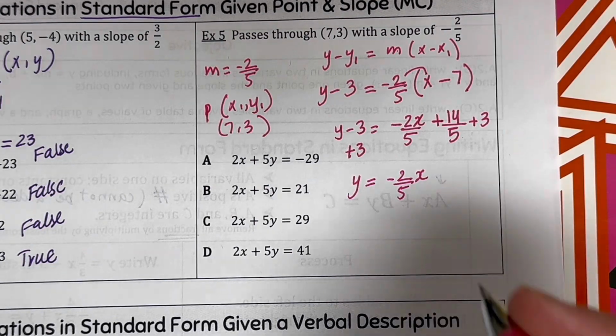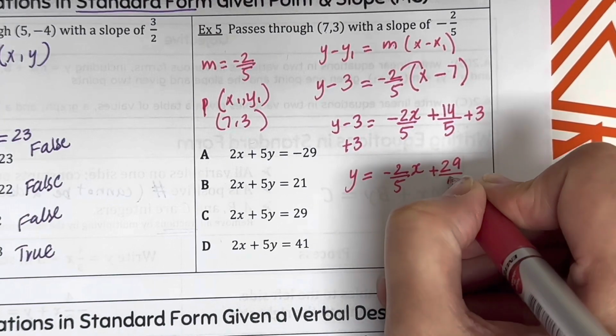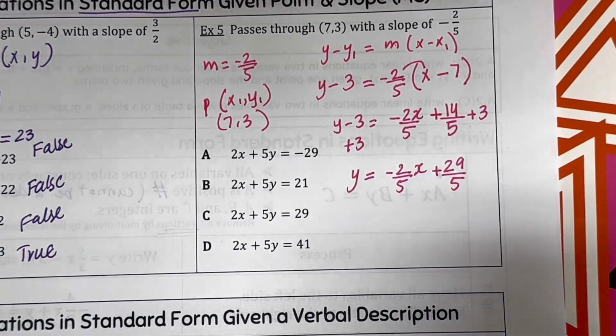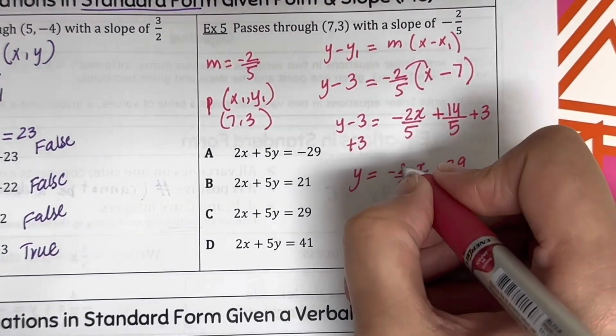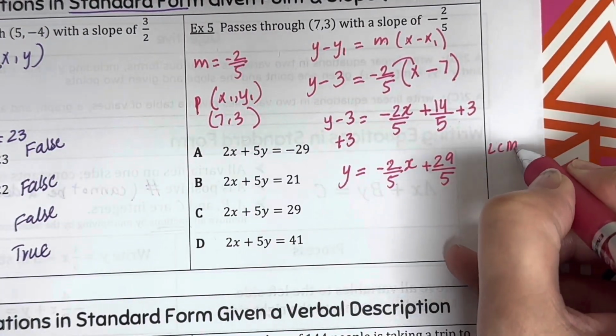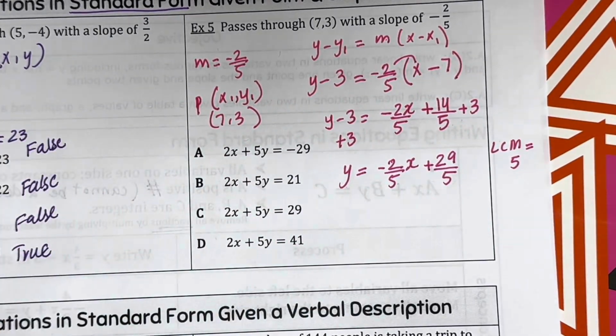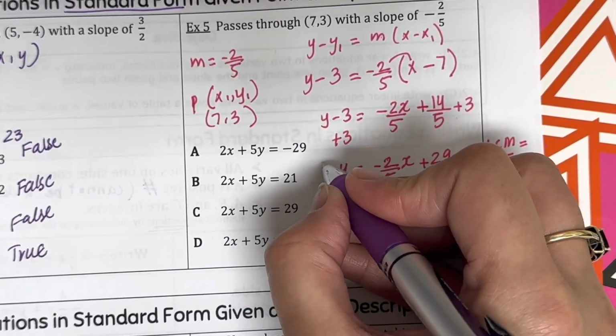It is 29 over 5. I have a fraction. Both the denominators are 5, so my least common multiple is 5. So I'm going to multiply all of these 3 terms with a 5.